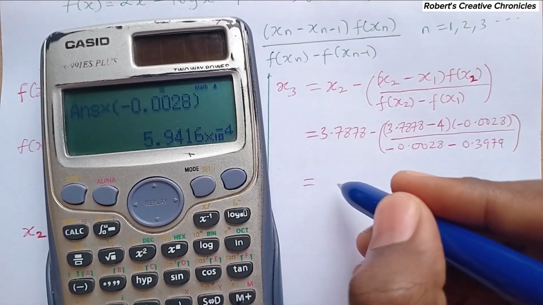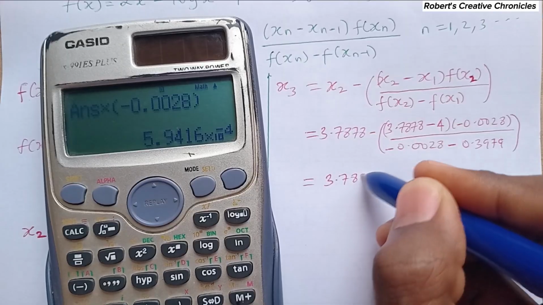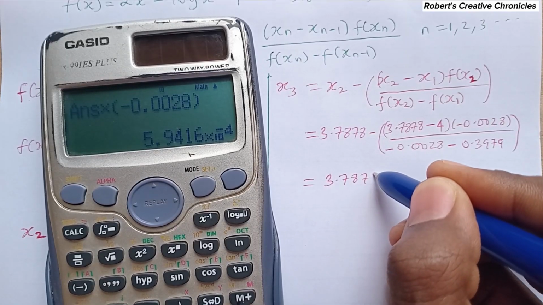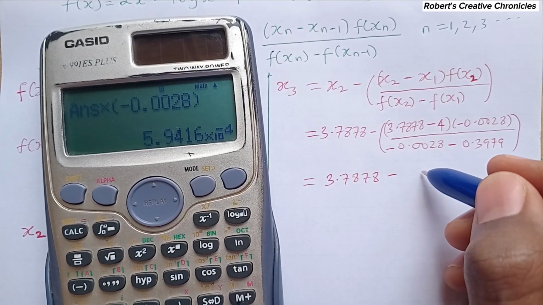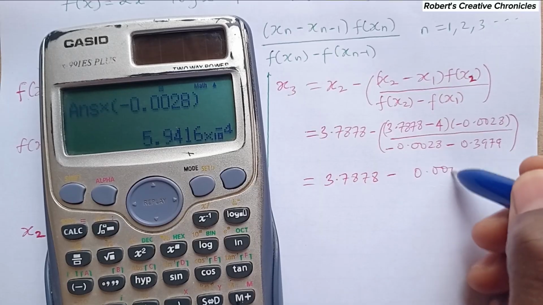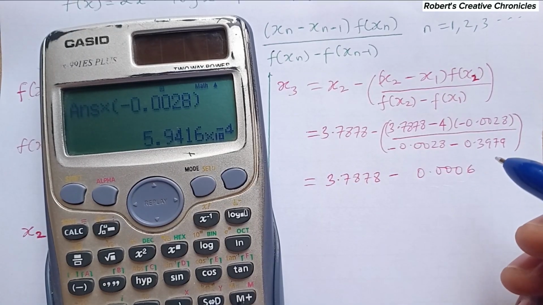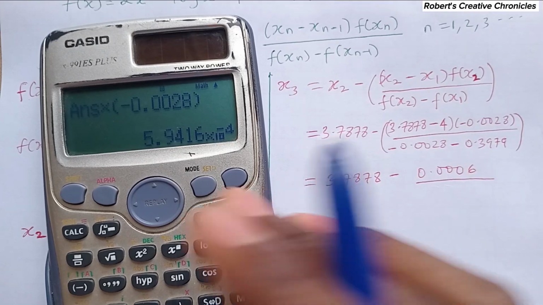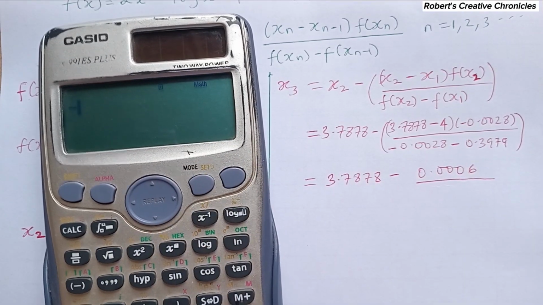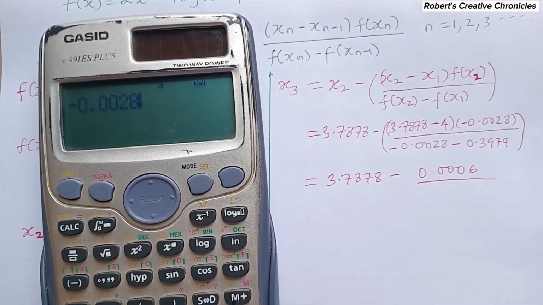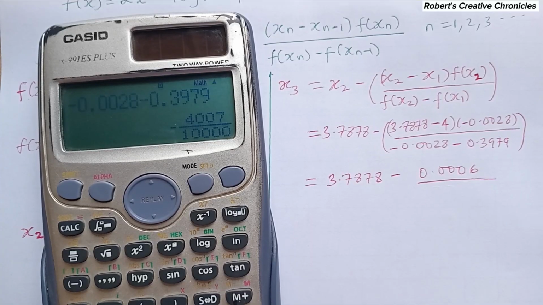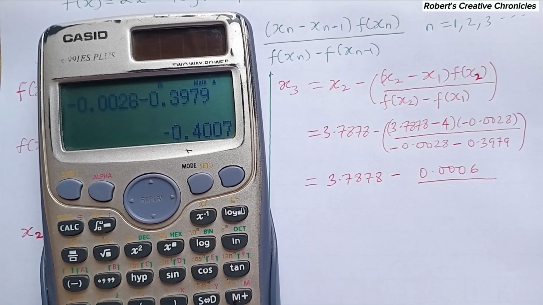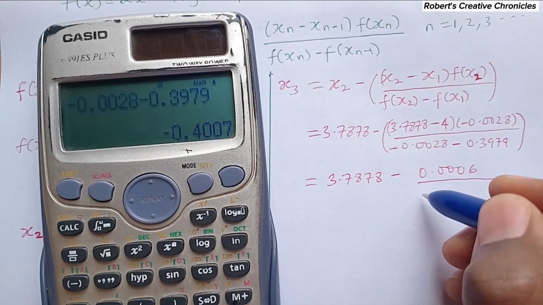So it will be 3.7878 minus 0.0006 over negative 0.4007.